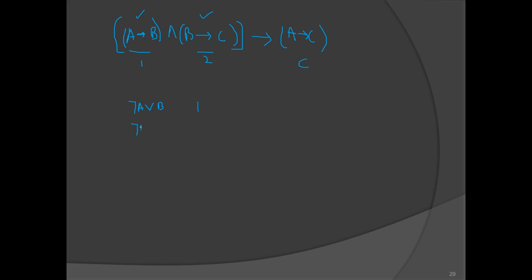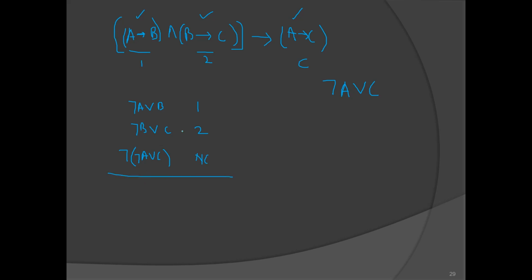Then similarly our premise number 2 is like this. Step number 2 is you have to negate the conclusion. So this is A implies C, right? This implication is equivalent to this, and I have to negate that. So this is my negated conclusion, which is also added to the premises.